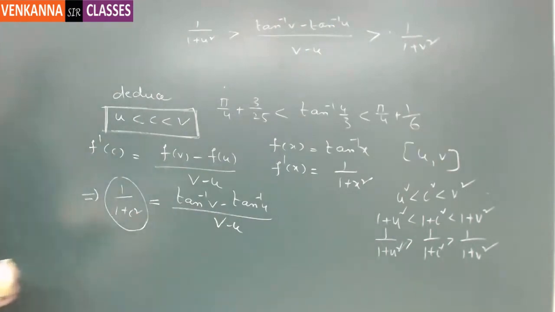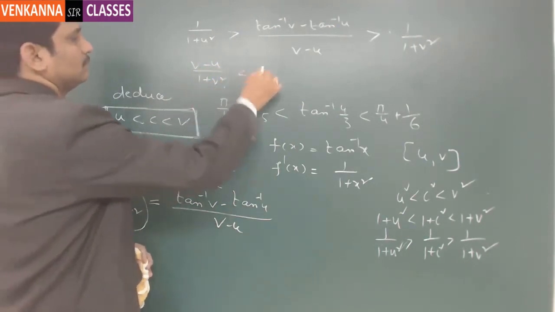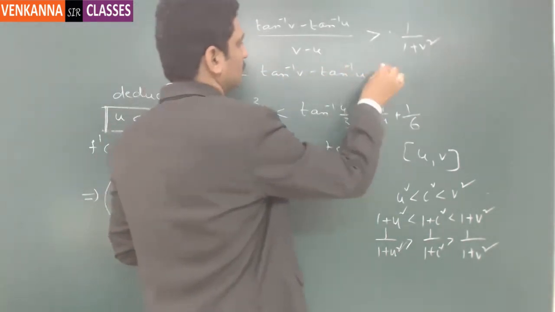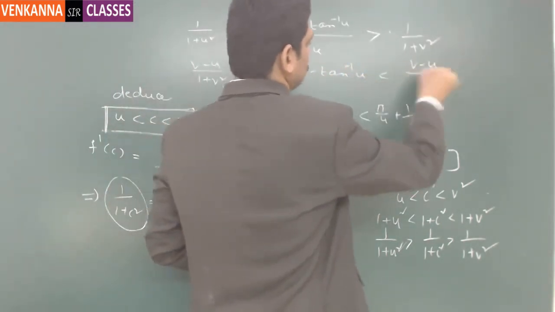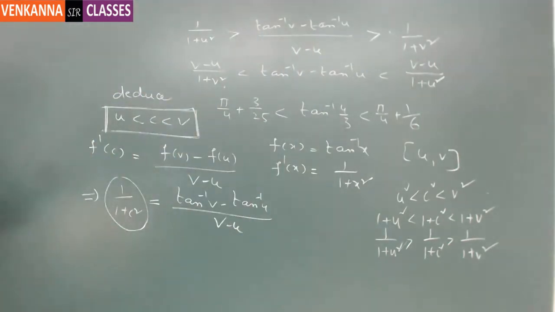Multiplying by this v minus u and writing from the other end, this is the inequality which is going to be done. Okay.